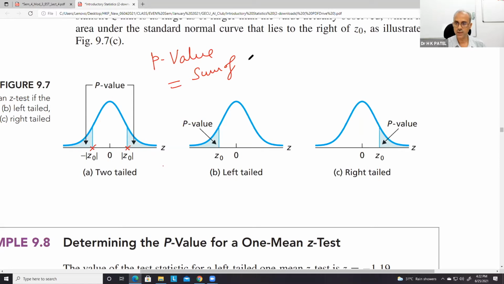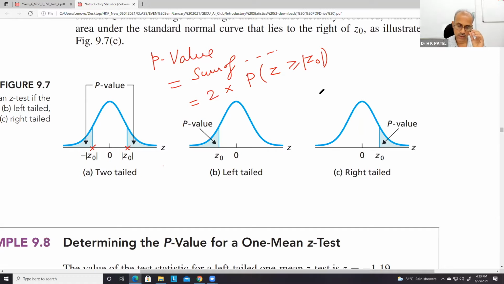So that will be actually 2 times, we can say, probability Z greater than or equal to Z0, or mod Z0, whatever it is. So P Z greater than or equal to Z0 is the right area. And because it is symmetric, left is the same, and therefore p value is actually this value.